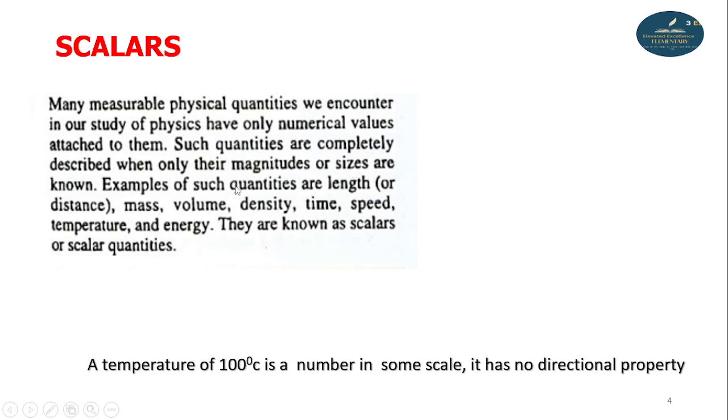Examples of such quantities are length or distance, mass, volume, density, time, speed, temperature, and energy. They are known as scalars or scalar quantities. So we refer to scalar quantities as the quantities that have only magnitudes.